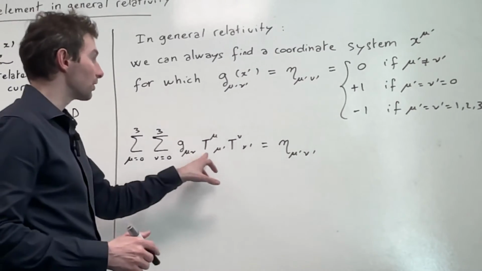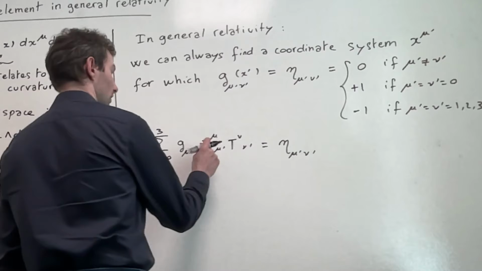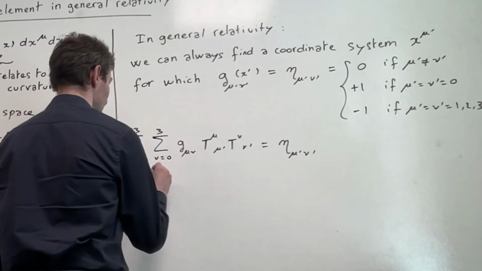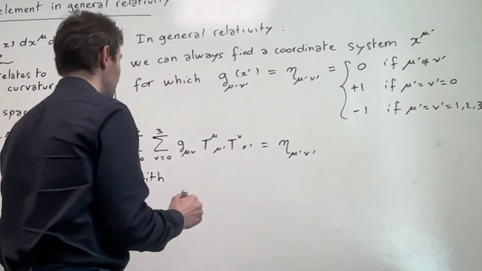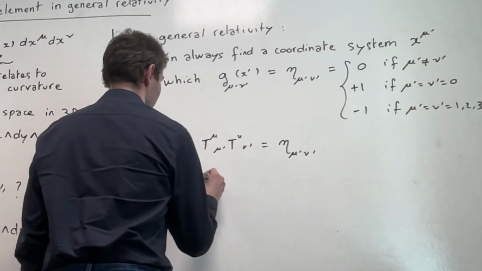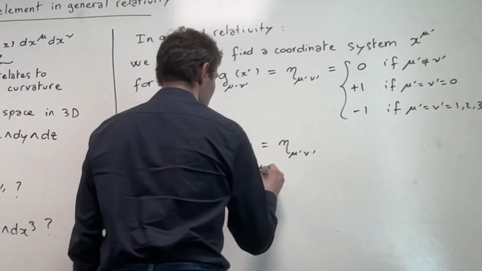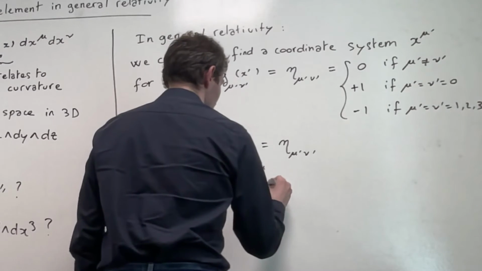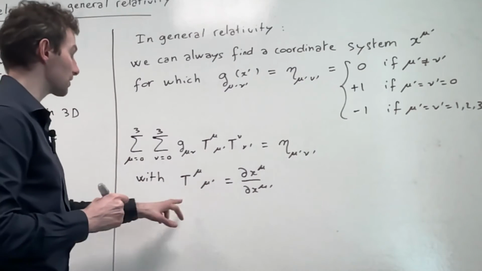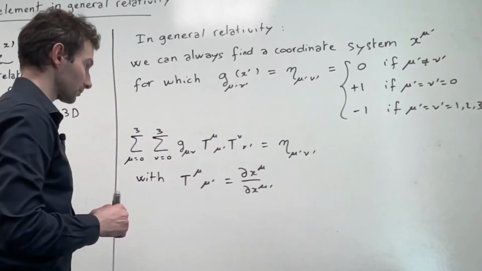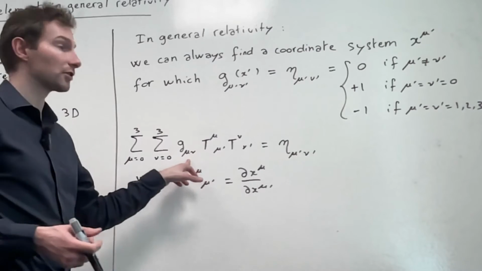Now I actually know what these particular transformations are. With this t mu prime, they have to be the following: dx mu over dx prime mu, and likewise with nu and nu prime. That's what they have to be to get this right, because that's a traditional coordinate transformation.